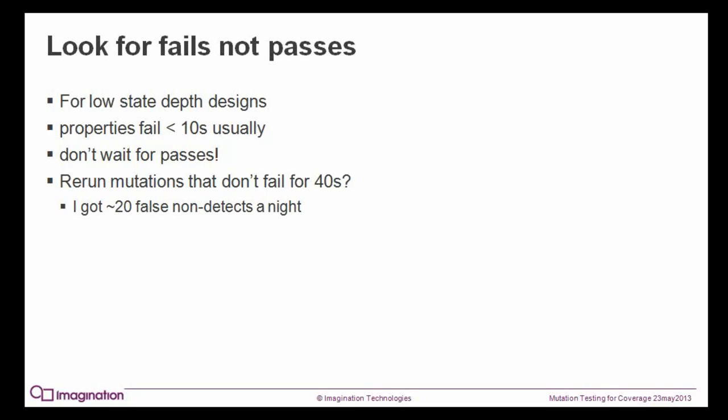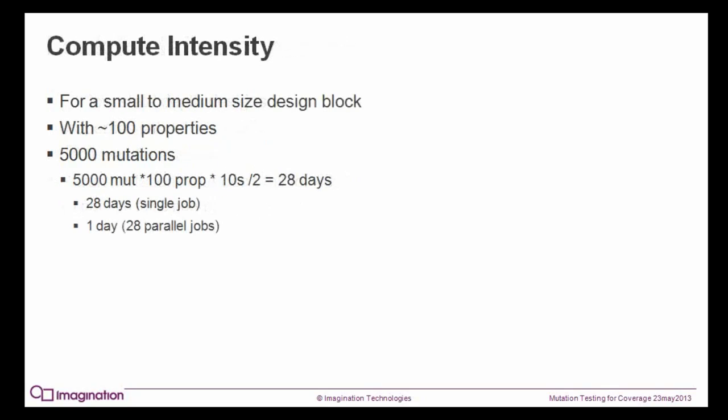So you don't have to wait for the passes, and overnight you might get 20 mutations that were not detected at 10 seconds, that you then rerun the next day and they are detected. I was using 40 seconds or so.